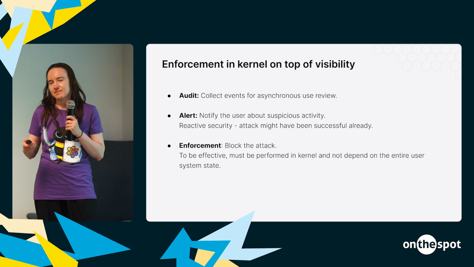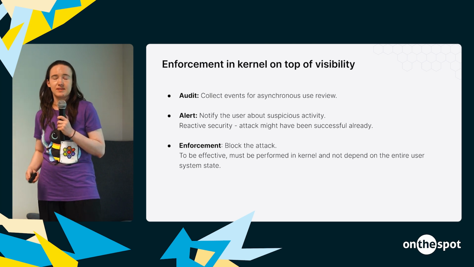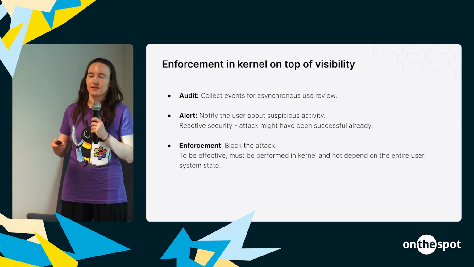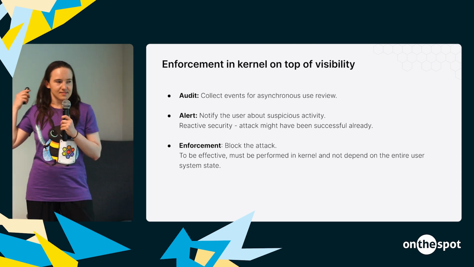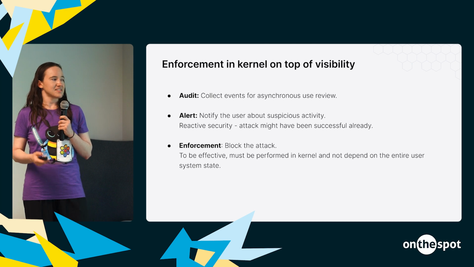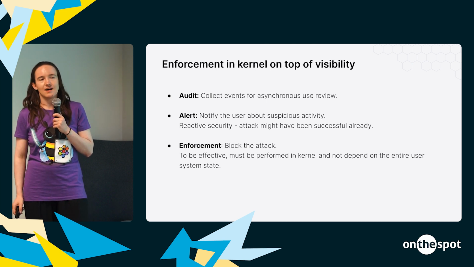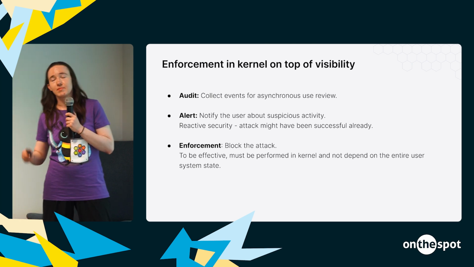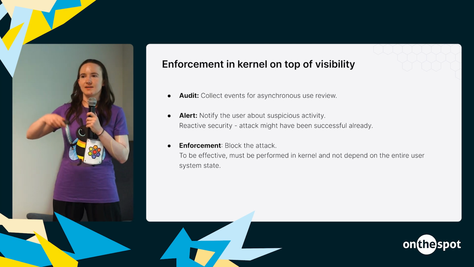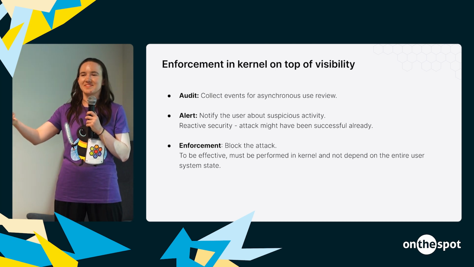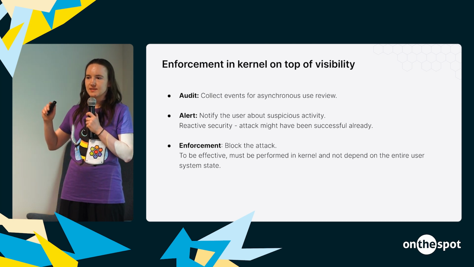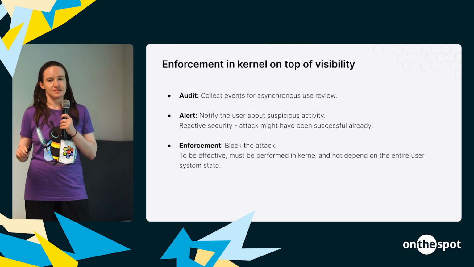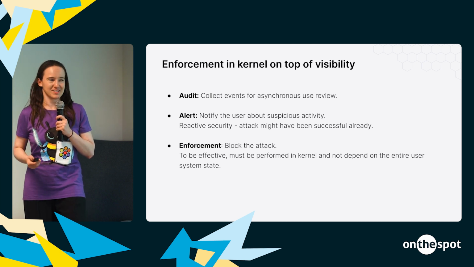The thing is that this user action happens when the attack might have already been successful. The next stage is enforcement, where we solve this problem: we actually block the attack instead of just alerting the user and telling them to do something about it. So in Tetragon, we block the attack, and we just tell the user that, hey, we blocked it.